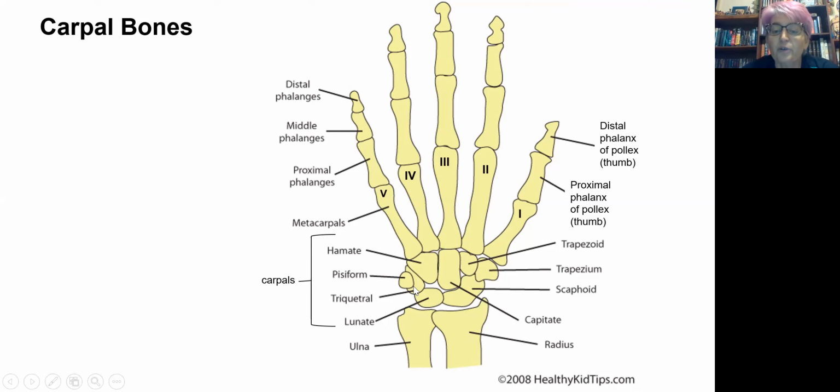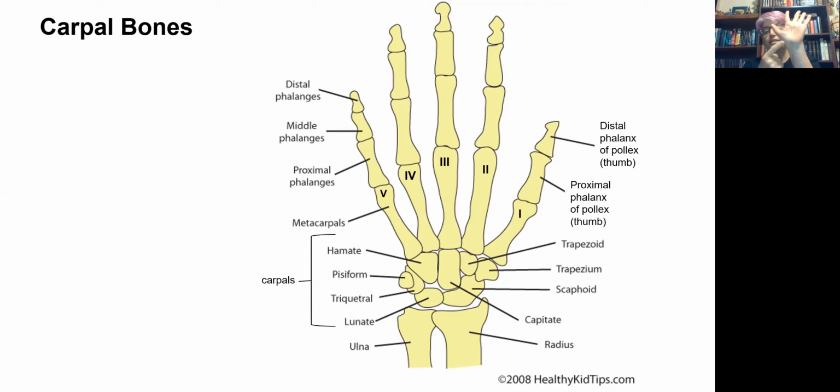The triquetral or triquetrum articulates with the ulna partly, and then the pisiform is this little sesamoid bone. The sesamoid bone is just a little roundish bone shaped like a sesame seed, and the sesamoid bone makes this little bump on the heel of your hand right there. That's your sesamoid bone. Okay, so that's your first row.